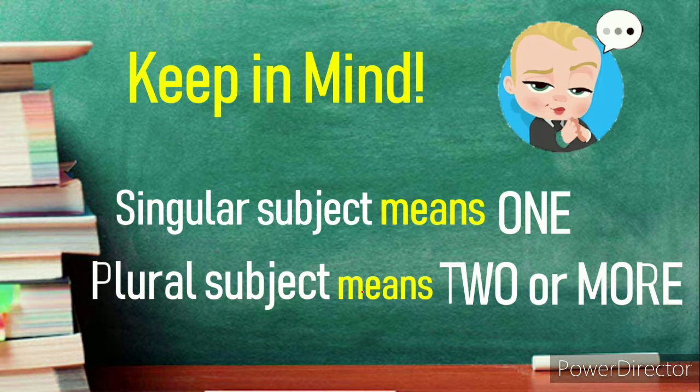For examples, child, singular. Children, plural. Mouse, singular. Mice, plural. There are also words that are plural in form but singular in meaning. For examples, mathematics and missiles.